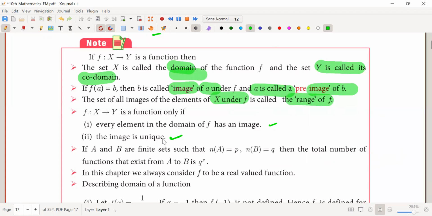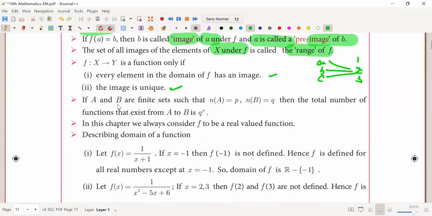Not every element of the codomain would have a pre-image, but every element of X should have an image. If X has A, B, C and Y has 1, 2, 3, the ordered pairs would be A2, B2, C2, a unique set of ordered pairs.